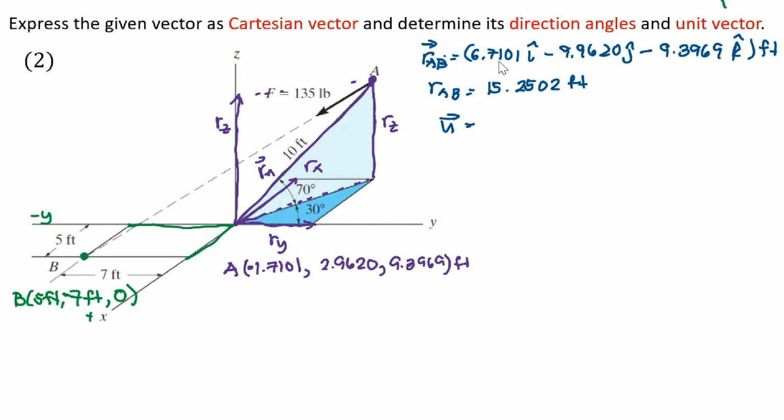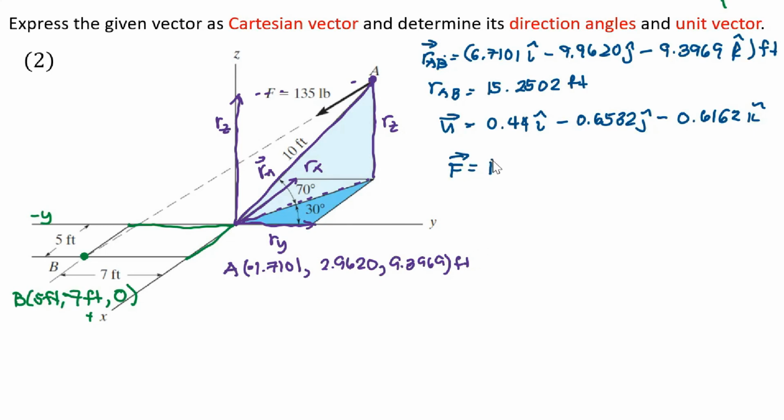So that is 6.7101 divided by 15.2502, which is 0.44 i hat, minus 9.9620 divided by 15.2502, which is 0.6532 j hat, minus 9.3969 divided by 15.2502, which is 0.6162 k hat.